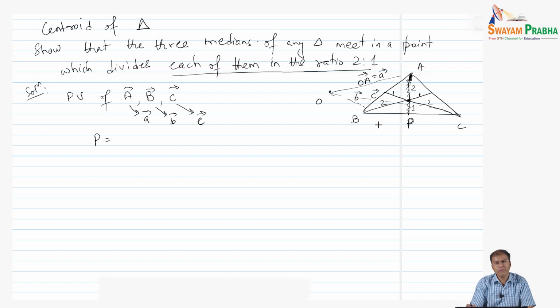So we can use the previous example's result, that the position vector OP, using the ratio, is going to be b plus c by 2. So that is from our previous result.